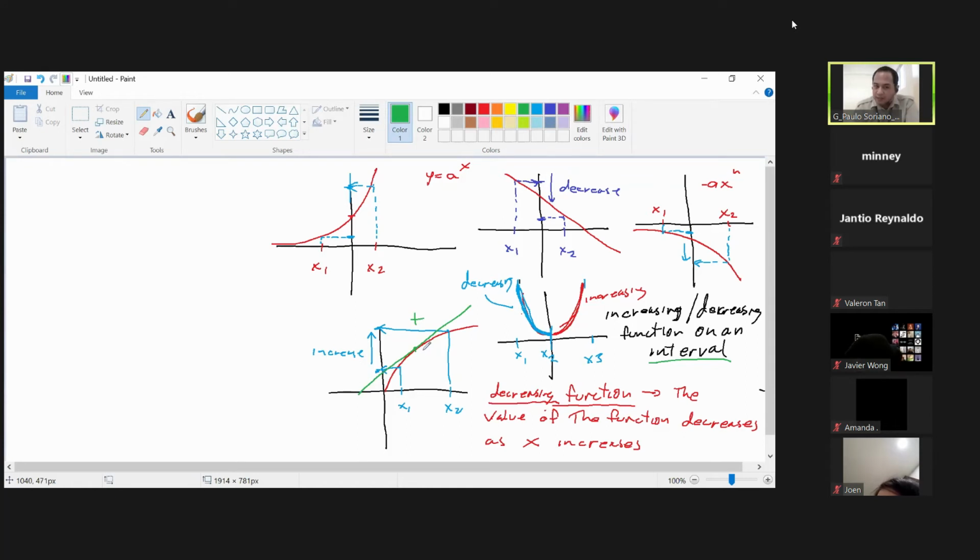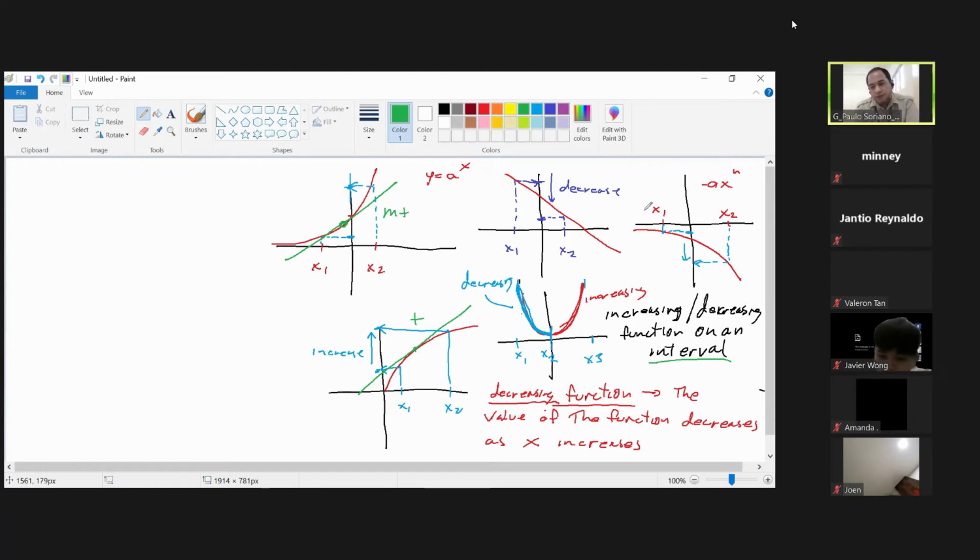You understand the logic behind it? I'll repeat. We can determine if it is an increasing function or decreasing function by determining the gradient or the gradient function of that particular equation. If you are given a positive gradient, then it's an increasing function.